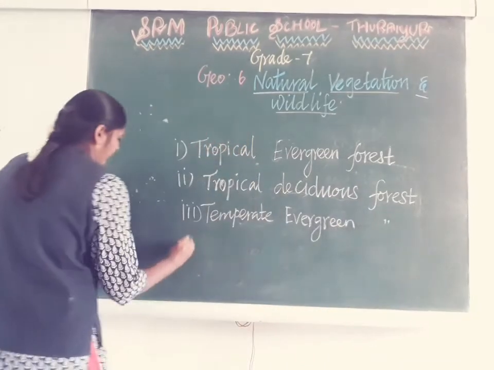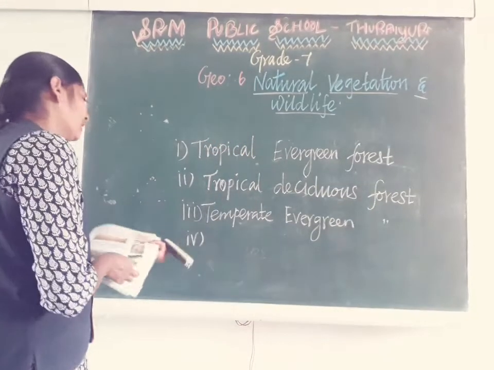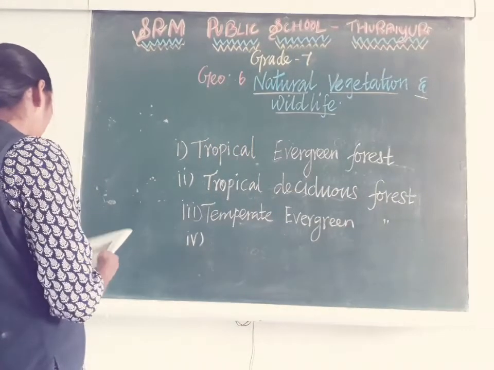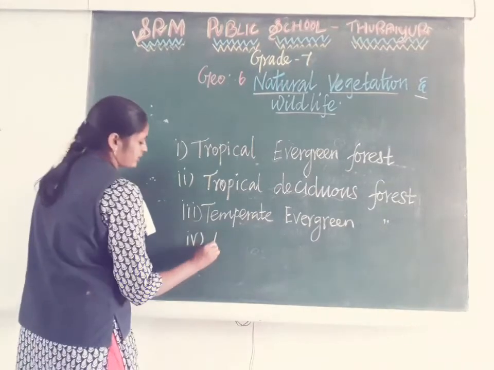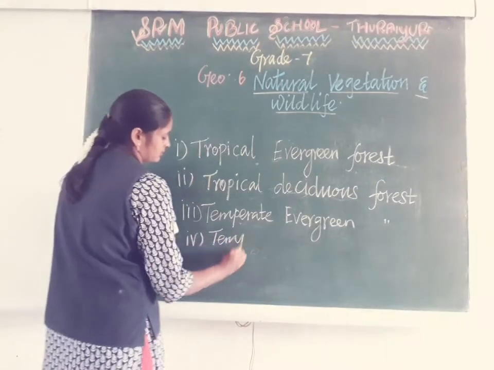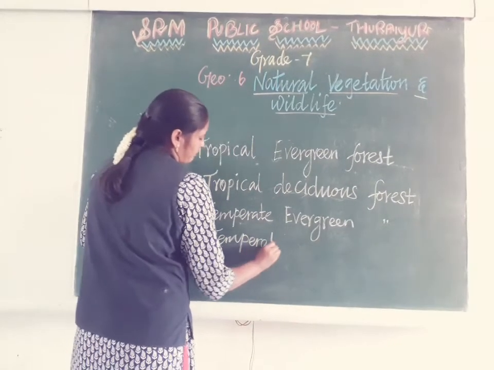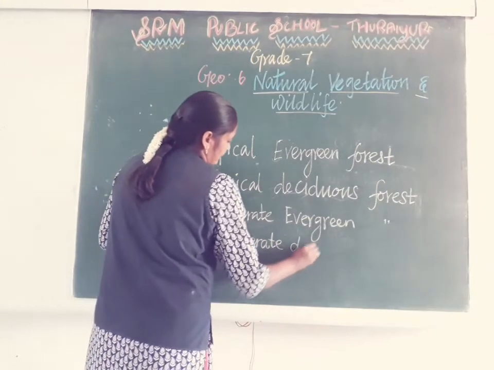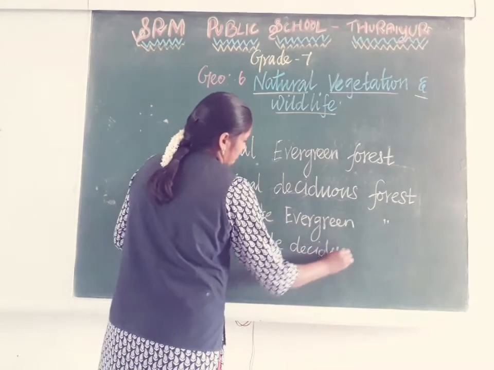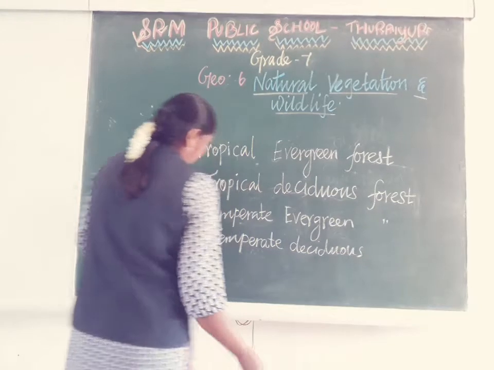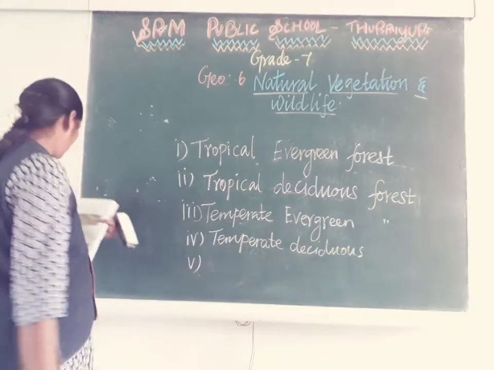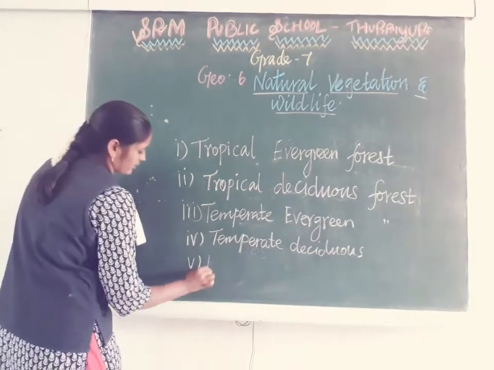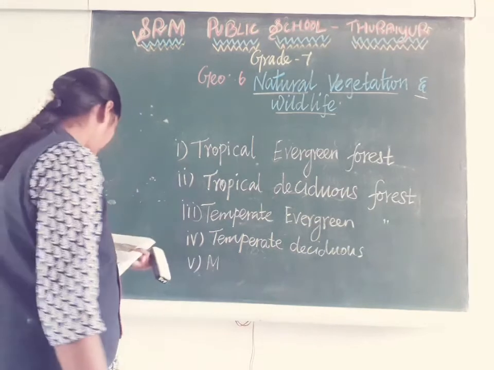And fourth is temperate deciduous forest. Fifth is Mediterranean forest, or Mediterranean region vegetation.